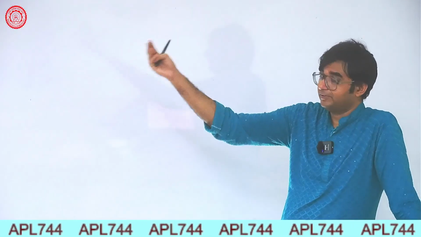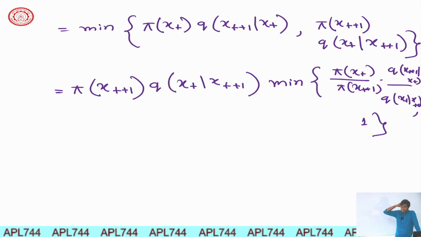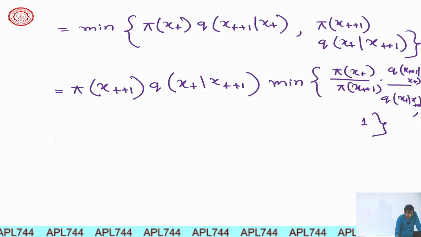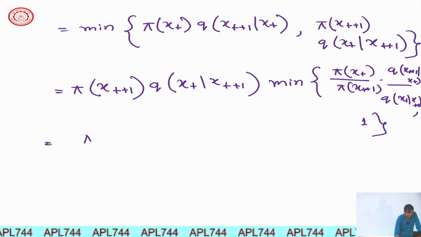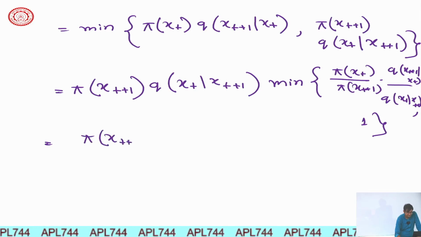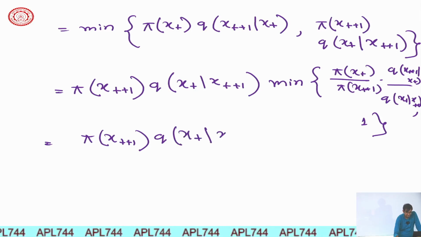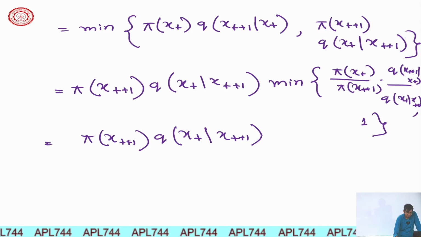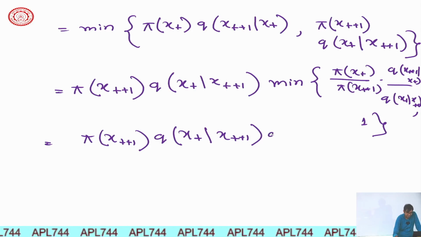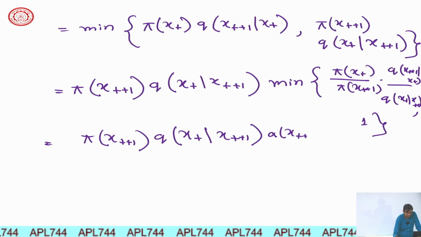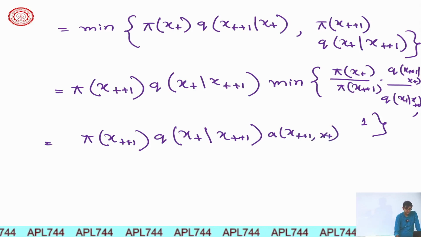Now what is that quantity? Acceptance ratio of what? xt plus 1 comma xt. So it is reversed. So this is equal to pi of xt plus 1 q of xt given xt plus 1 multiplied by acceptance ratio of xt plus 1 to xt. Okay.